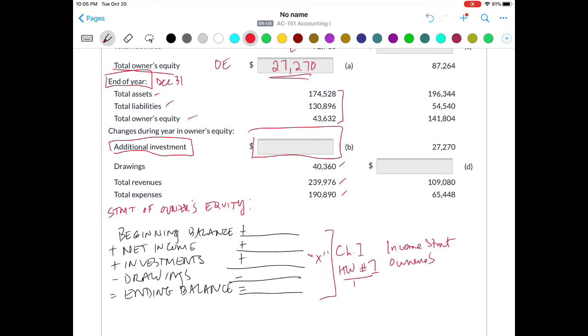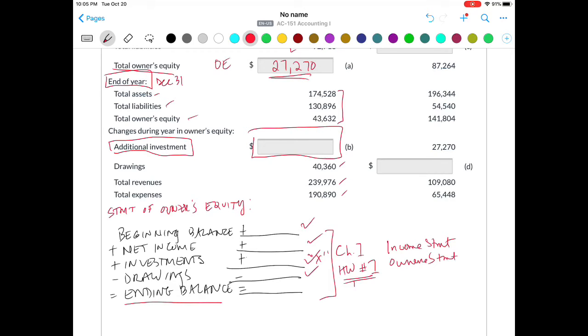Okay, so definitely look at this if the equity statement is at all unfamiliar. The way we figure out ending balance for equity is we start with the beginning of the year balance. We add net income. We add investments, and that's what we're looking for in this problem. And then we subtract out drawings, and we get to the ending balance.